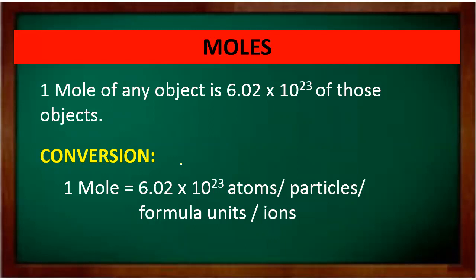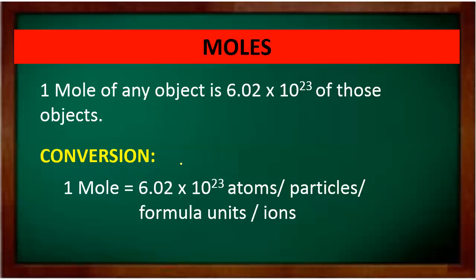So ang Avogadro's number, ang unit nito ay pwede maging atoms, particles, formula units, or ions. And ang equivalent, of course, 1 mole po. Okay, for every 1 mole, meron 6.02 times 10 to the 23rd atoms or particles or formula units or ions. So, pwede ito yung mga units ng Avogadro's number natin. So, yun yung gagamitin natin for conversion.